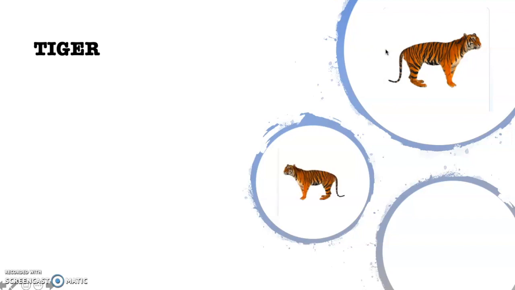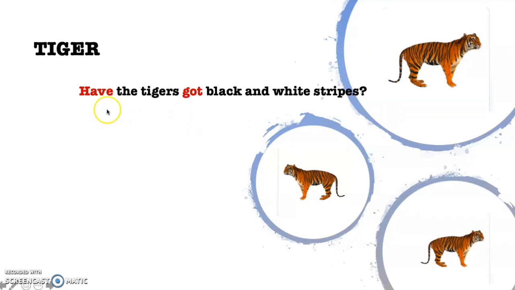Great. What happens with the question if we have 2 tigers or even 3? Look at this. It changed a little bit. We use have instead of has. Have the tigers got black and white stripes?